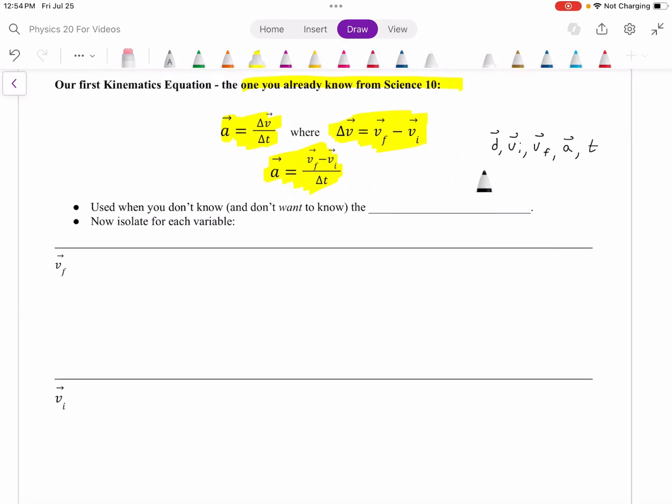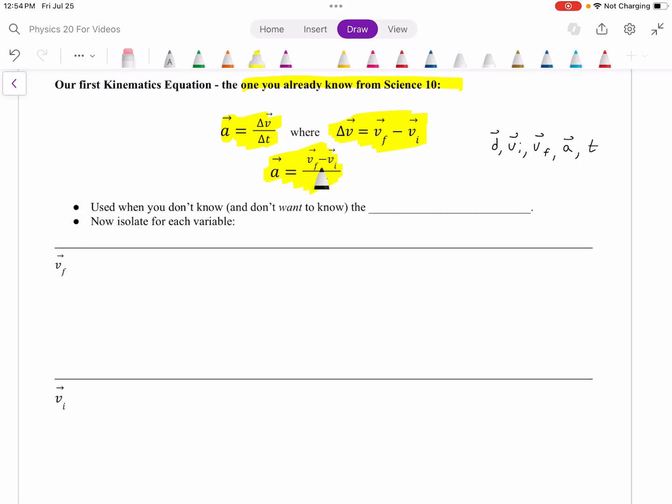All right, so as I said earlier, each of the 5 kinematics formulas we're going to learn today are set up so that they can be used for not knowing and not caring about one of these variables. So which of these variables do you think that is for this equation? Well, which one doesn't appear? Here are our 5 kinematics variables.